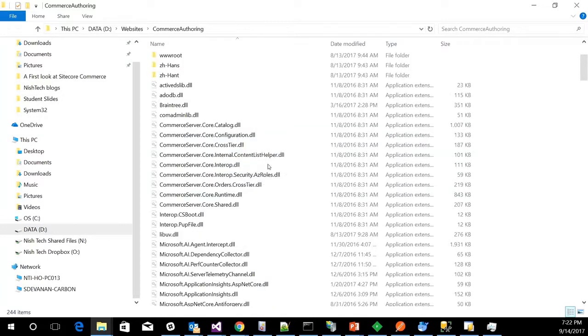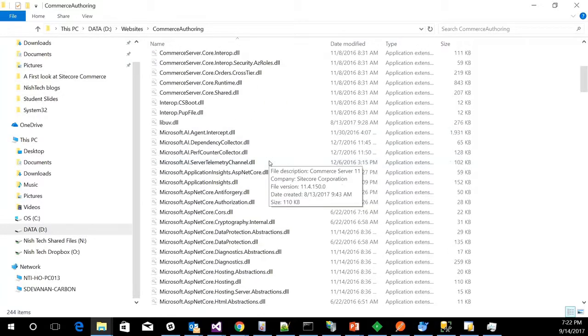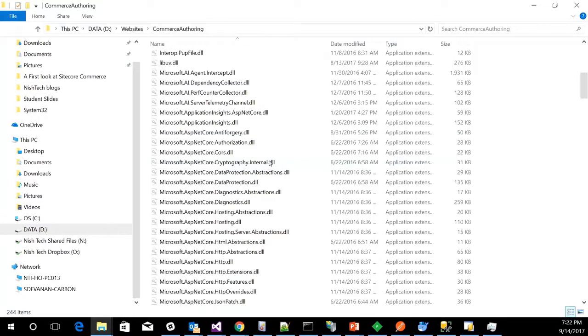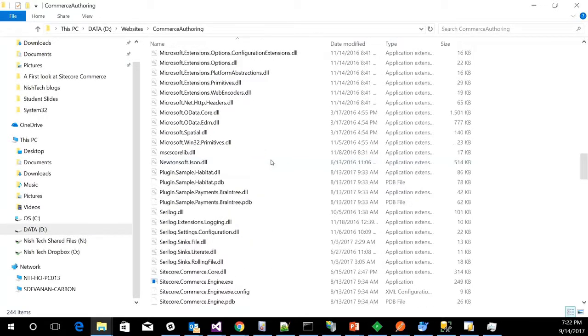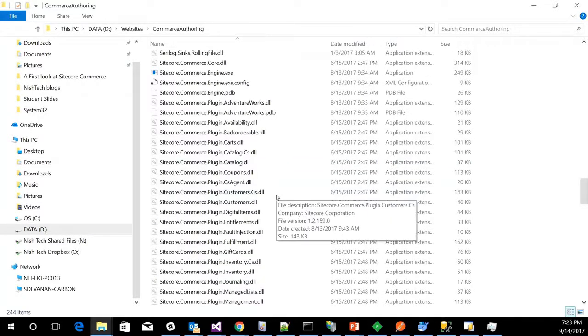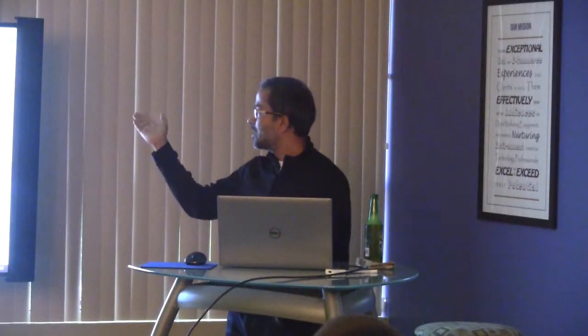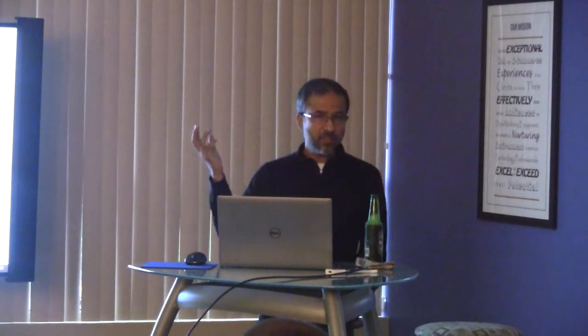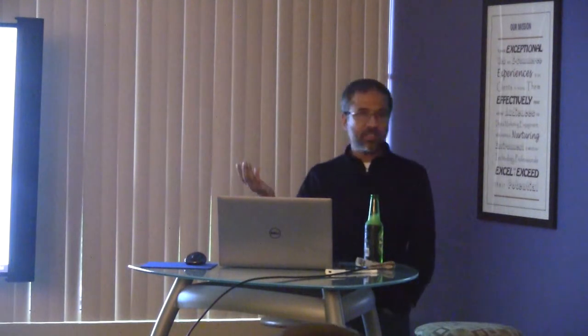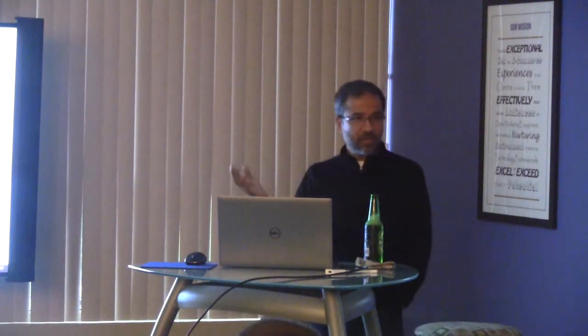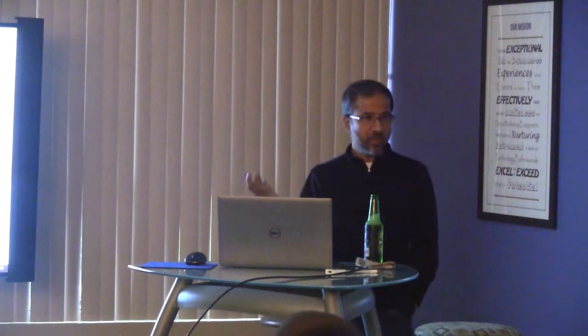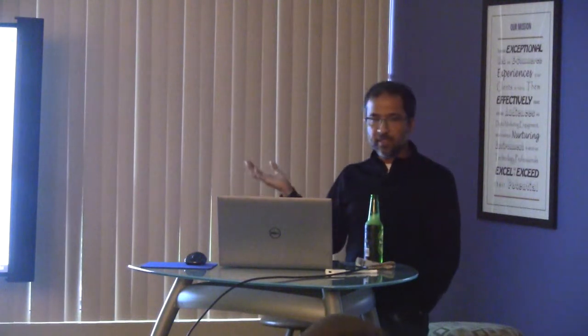The components are all based on plugins. The idea in the Commerce Engine is that everything is a plugin. For example, coupons, catalog, or carts, everything is a plugin. If you want to add new functionality, you can write your own plugin, or you can extend the existing plugin.